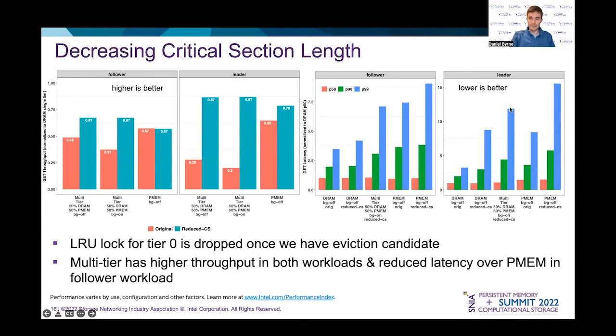So still some optimization to do with some of the cases where we perhaps fail to do the eviction, we have to reacquire the locks. But really a good step in achieving this performance parity and actually outperforming a single tier PMEM instance. That's where we would expect to be.